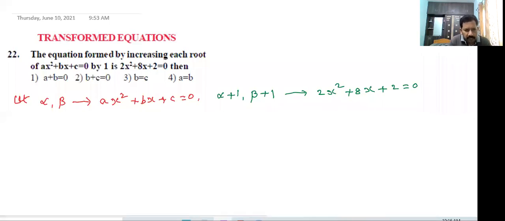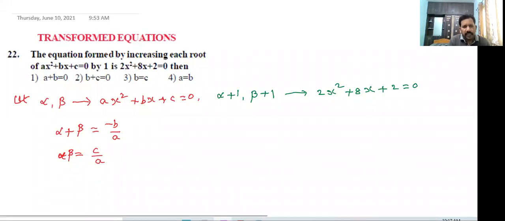In the first quadratic equation, find the sum of the roots, alpha plus beta, which is minus b by a. Product of the roots is c by a.